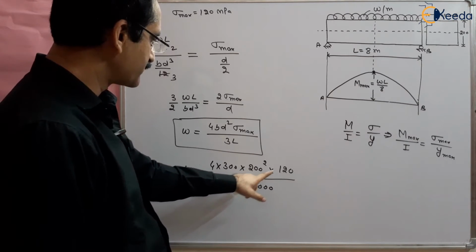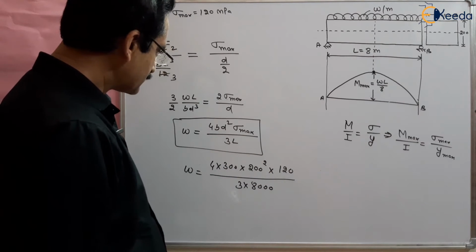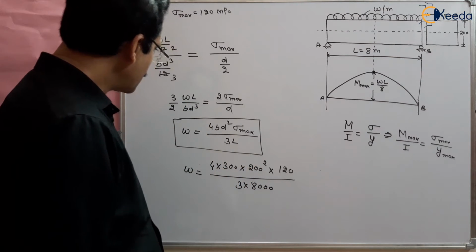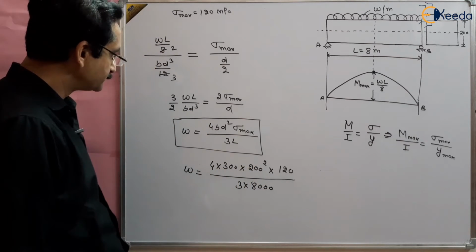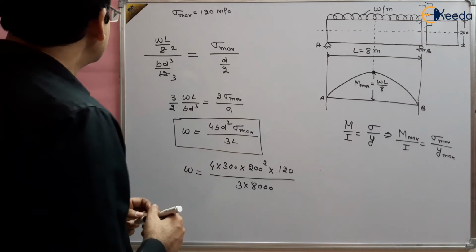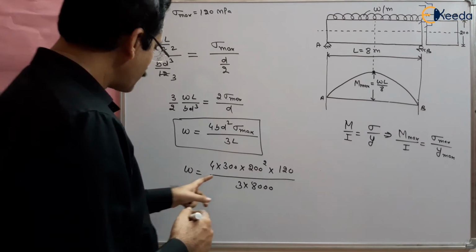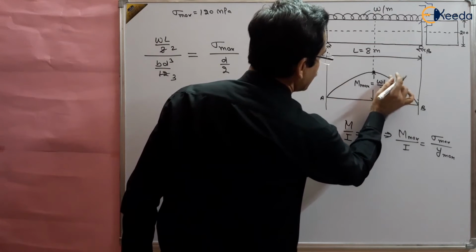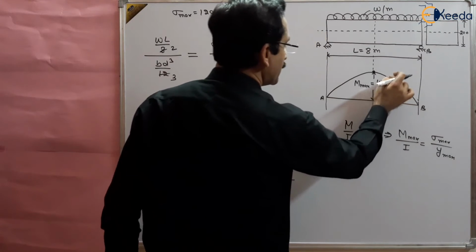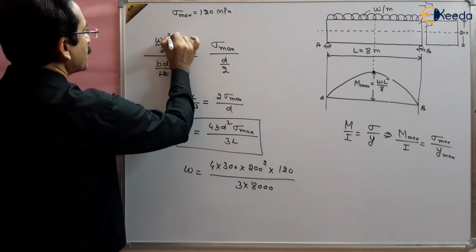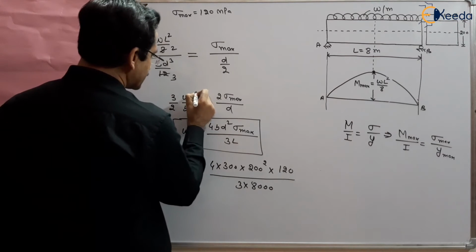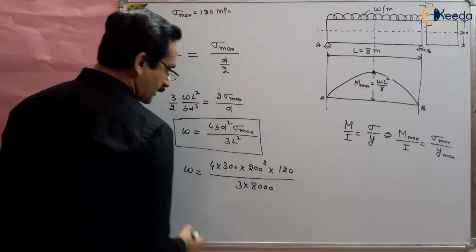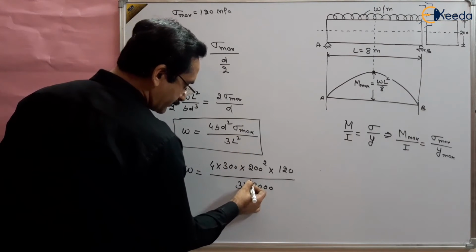Some problem seems to be there because the units are not matching here. It should be WL square by 8, so WL square here, and here 3L square, that is 8000 square.